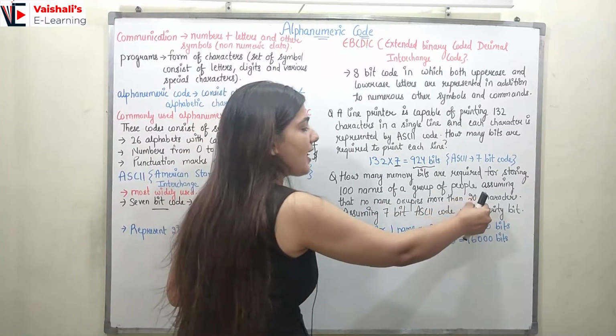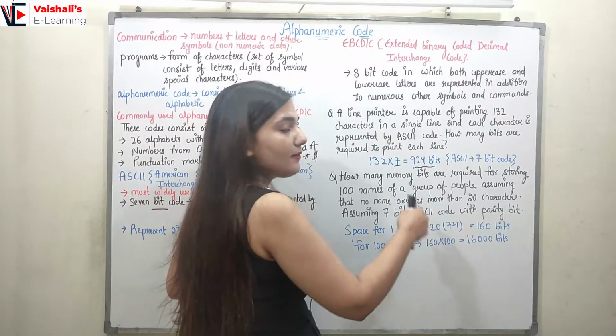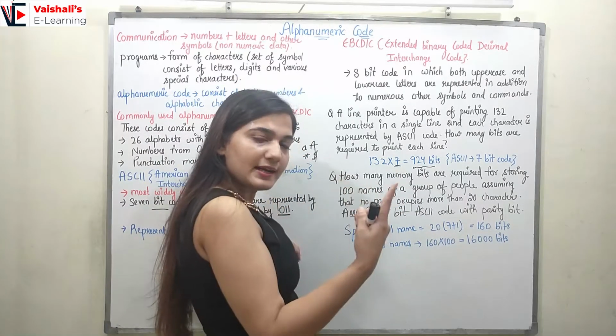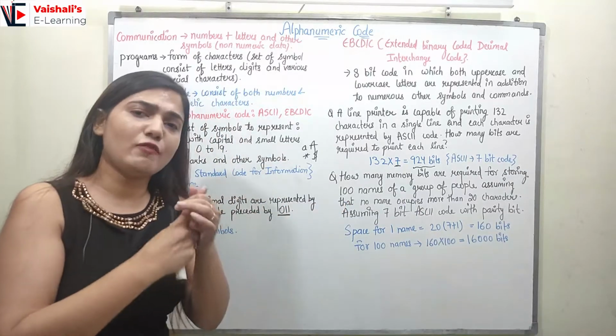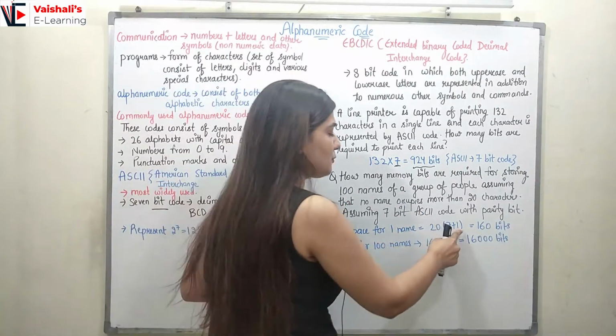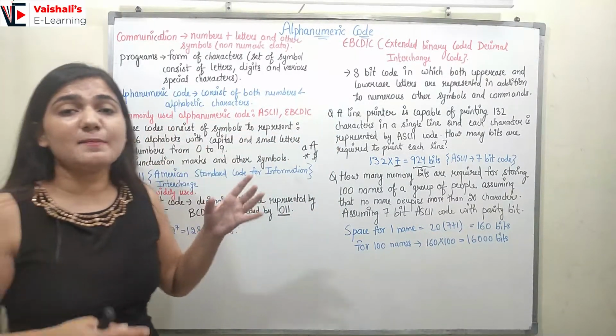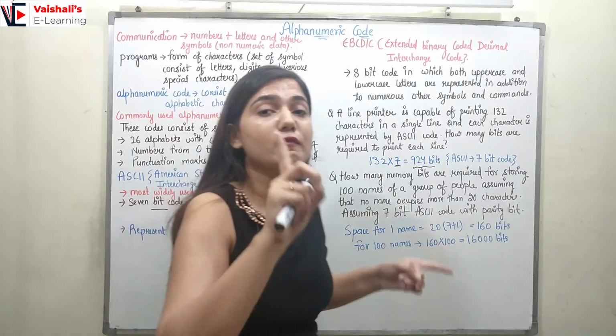It is given as 20 characters including the space. For one character, how many bits are used? 7 bits for the ASCII code and one extra bit for the parity. So 7 plus 1 multiplied by 20 is equal to 160 bits.